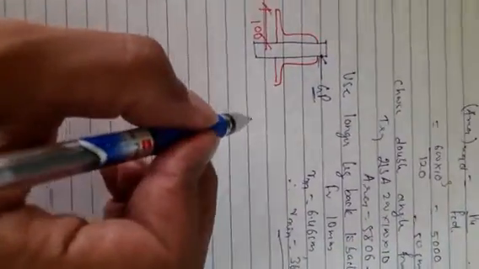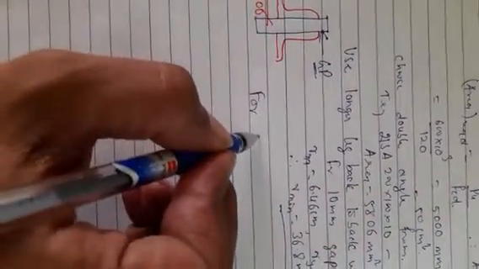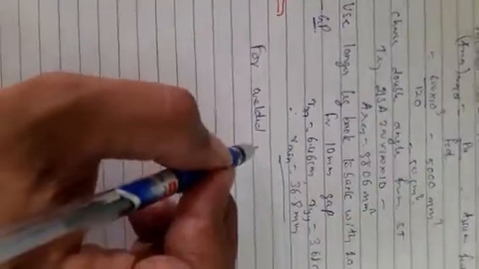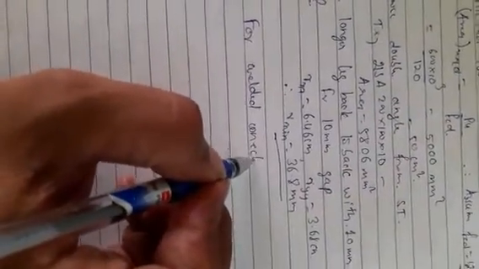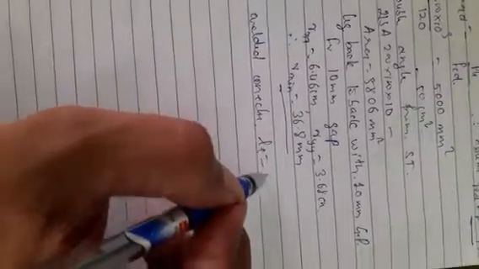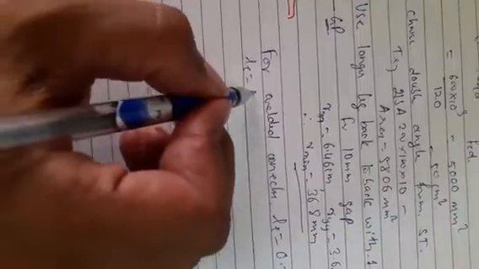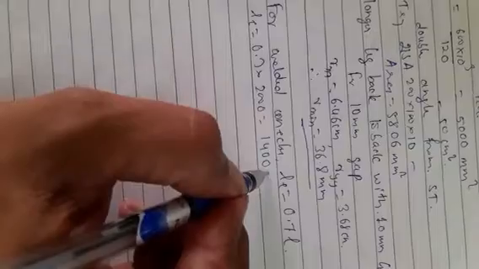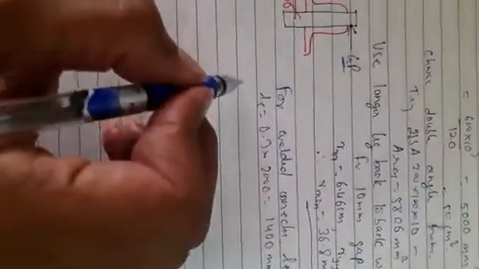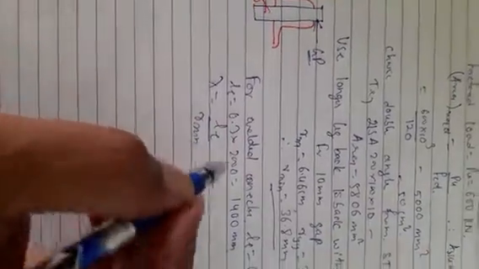Now for welded connection, effective length LE is 0.7 L. So LE is equal to 0.7 into L, which is 2000, so we get 1400 mm. Now slenderness ratio lambda is equal to LE by R min. 1400 by 36.8, so we get 38.04.